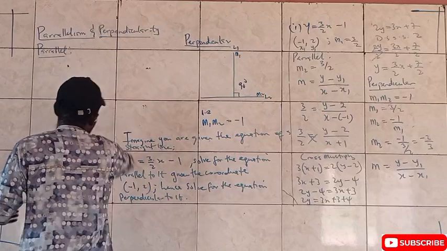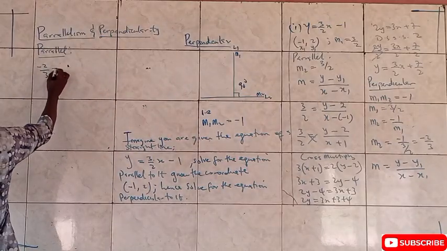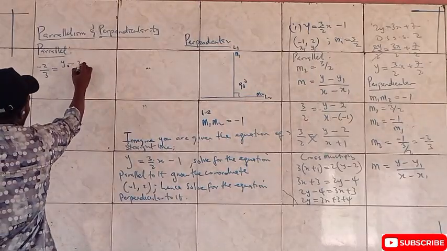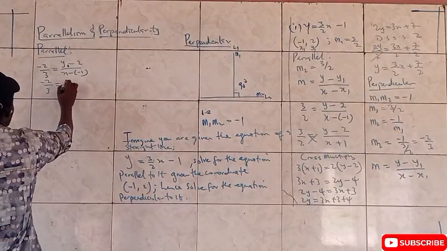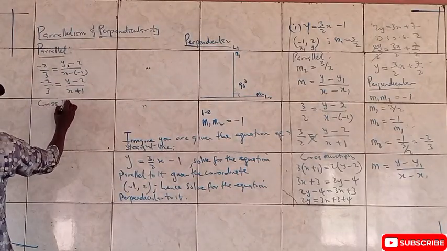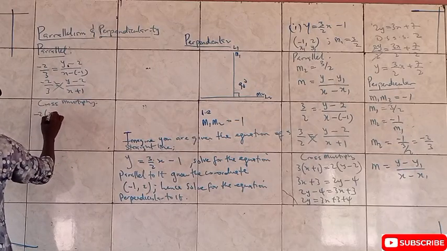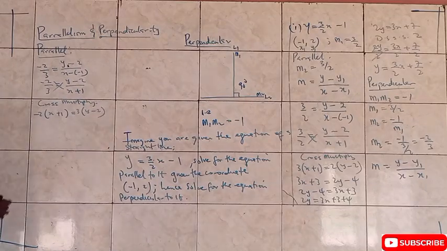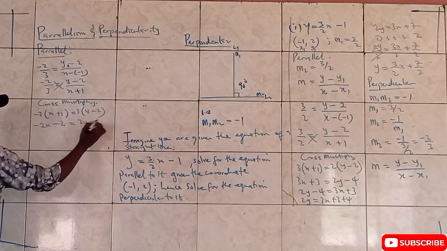That being said, it implies that my m, minus 2 over 3, equals y minus 2 over x minus minus 1, and that is minus 2 over 3 equals y minus 2 over x plus 1. Then I simply cross multiply. I have minus 2 bracket x plus 1 equals 3 bracket y minus 2. When I expand the bracket, I have minus 2x minus 2 equals 3y minus 6.